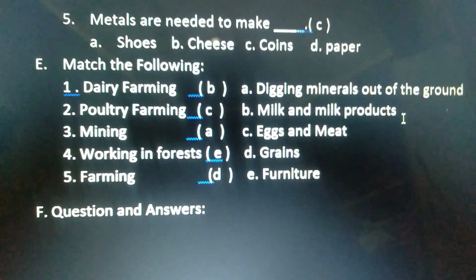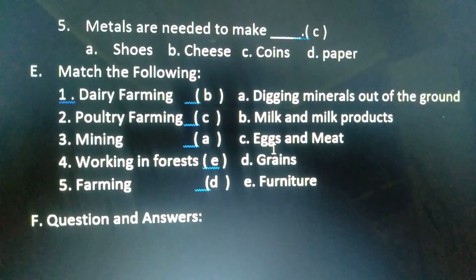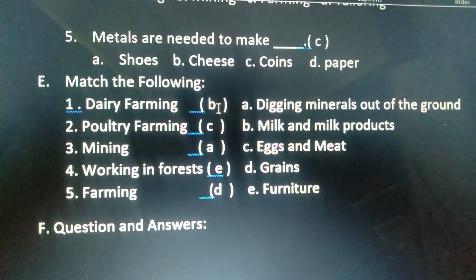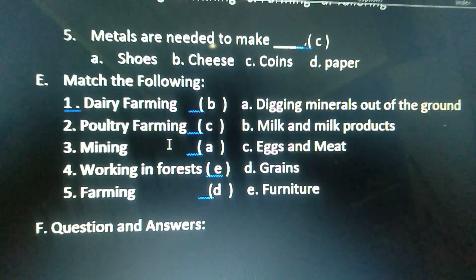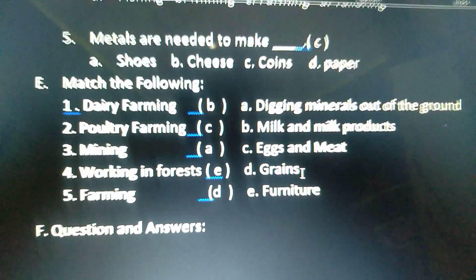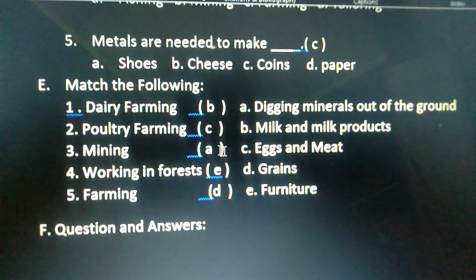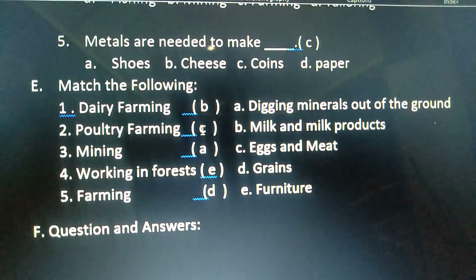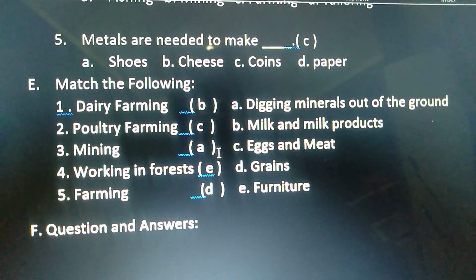We call it dairy farming. So, option B is the correct matching to question 1, dairy farming. Second one, poultry farming. Poultry farming means eggs and meat. Option C is the correct matching to poultry farming.